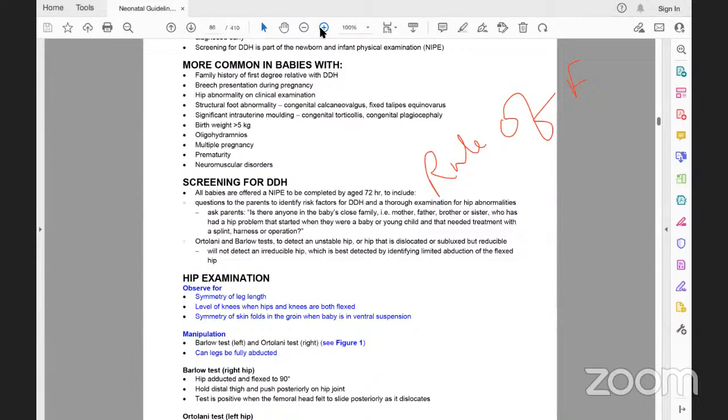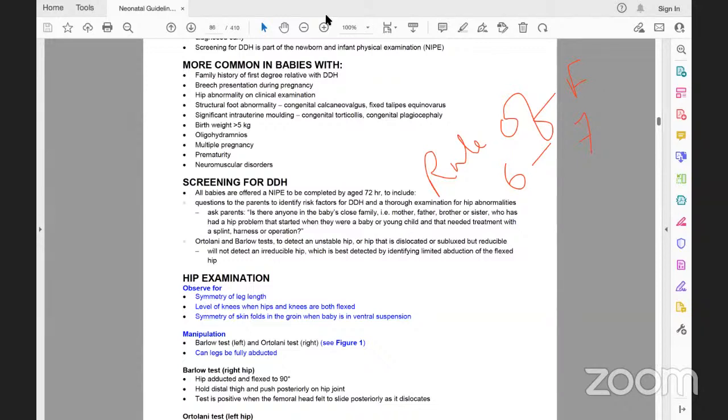Then fluid. So there is how many F? See, at least 6 to 7 F in the developmental dysplasia. Fluid, if the fluid is very low, oligohydramnios. Fatty baby, meaning the baby is very big. Or multiple baby, meaning twin pregnancy or triplet pregnancy.